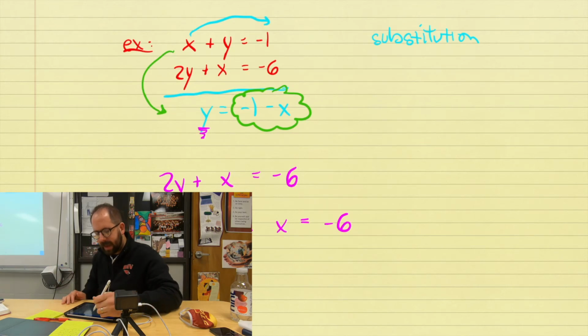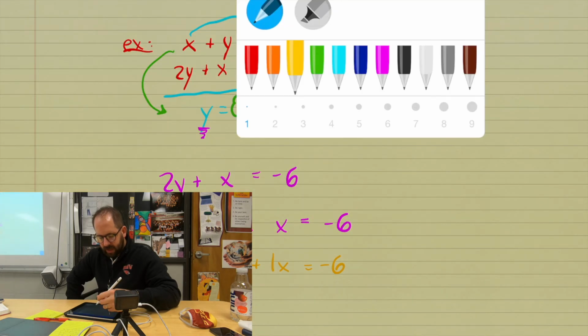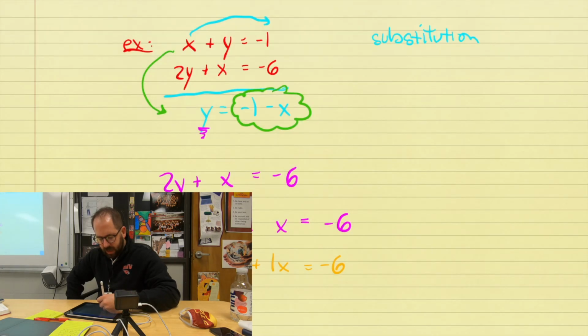Now, doing the math here, let's multiply. I'm going to multiply the 2 through, so I get -2 minus 2x plus 1x is equal to -6. I'm going to add those x's together, combining like terms. What do we have? We have -1x, since -2 and 1 makes -1.